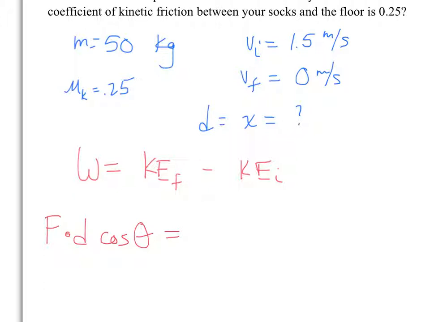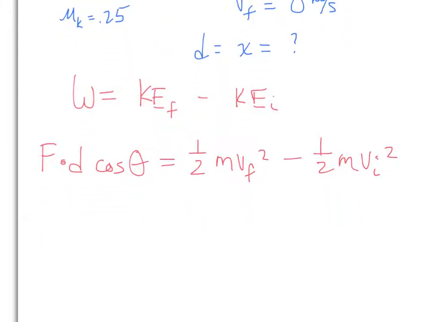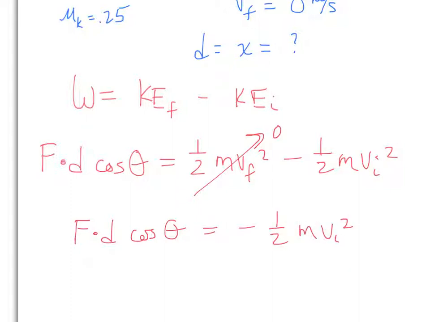Kinetic energy, what's the formula? I know them. I ask you so you hear them out loud. That's why I'm doing this. Good. Half m Vf squared, minus half m Vi squared. Now, the final velocity is what again? 0. So does that part matter? No. So on the next line, let's write this without this piece right here. That all goes to 0, because 0 times anything is 0. So we've got F times d times the cosine of theta equals negative 1/2 m Vi squared.